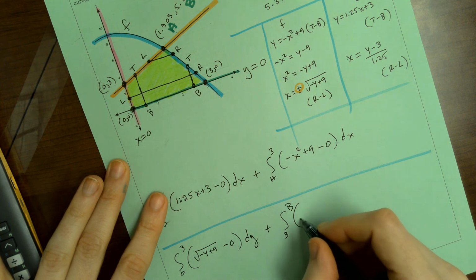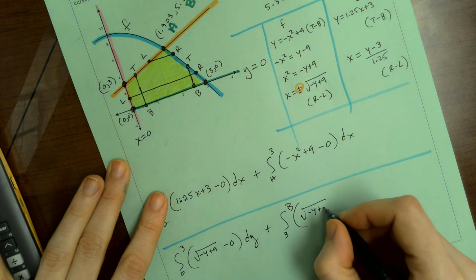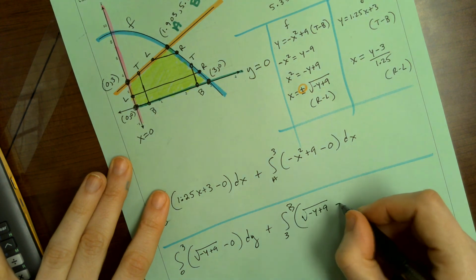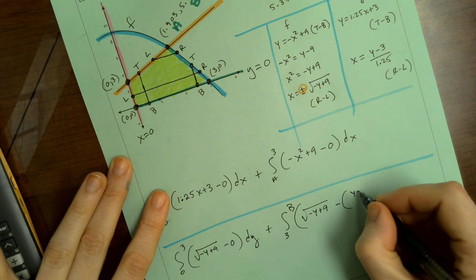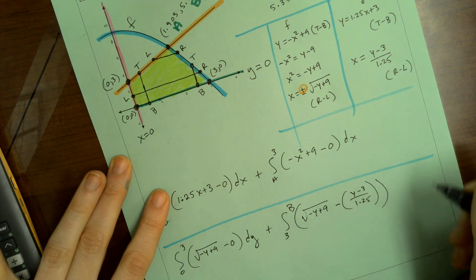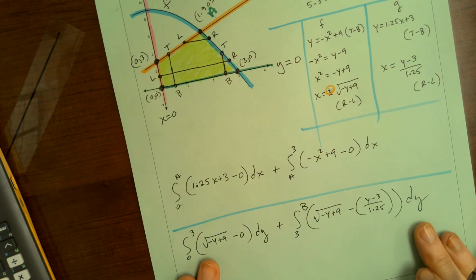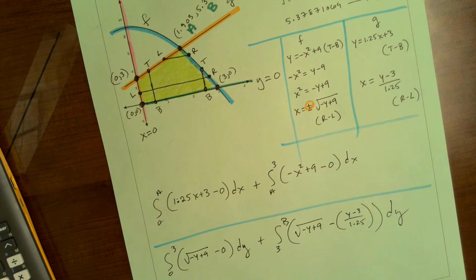Yeah, it's the positive one. So radical negative y plus 9 minus y minus 3 over 1.25, right minus left, dy. Everything needs to be in terms of y, everything needs to be in terms of x.